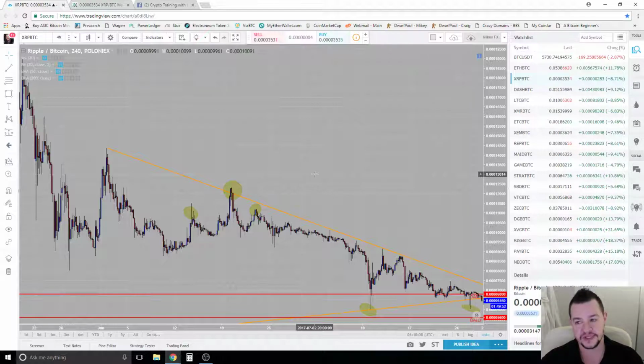The more things that you can combine together, the stronger the trade entry is going to be for you, and the higher probability that trade is actually going to work out in your favor.